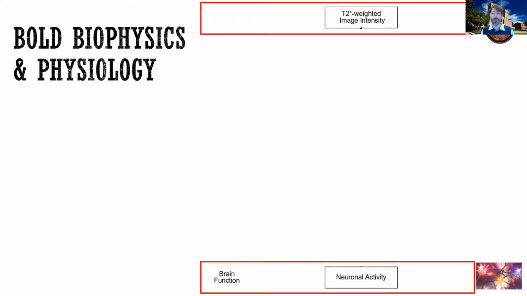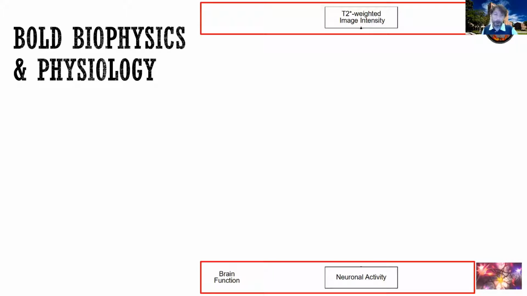a very indirect way. As opposed to actually seeing neurons as they fire, as they engage in activity, as they get excited because some event happens, we are looking at the effect that neural activity has on the rates at which protons dephase. Okay, so again, fMRI is an indirect way of studying neuronal activity.